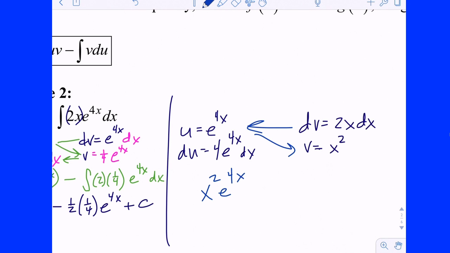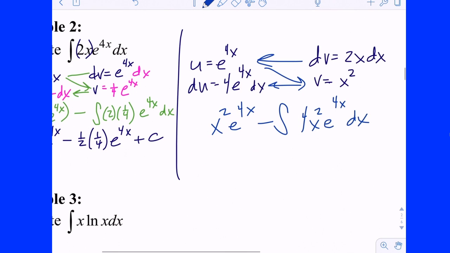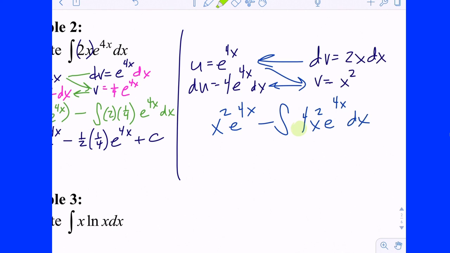We haven't done anything wrong, but we're still faced with that. This is annoying. Okay, I'm going to highlight it. Yeah, we're still left with that. Is that something we can anti-differentiate? No, in fact, that's a good candidate for integration by parts.